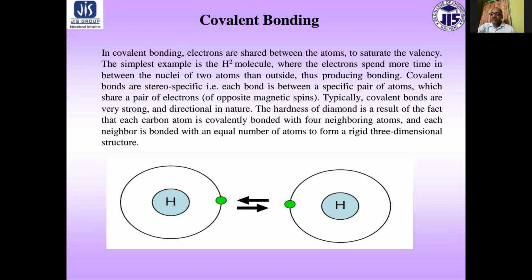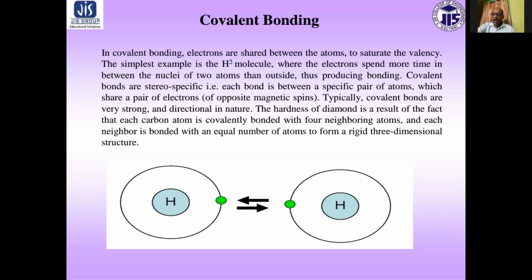Now, in this schematic diagram of a covalent bond, the hydrogen molecules are sharing electrons in between two atoms. We know that a hydrogen atom has only one electron in its outermost shell.